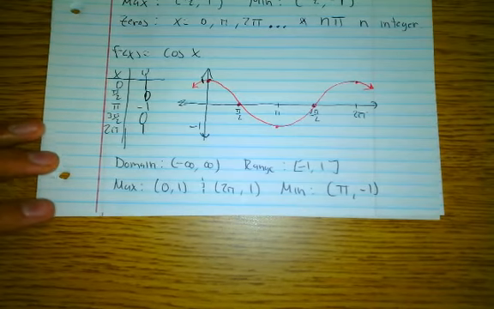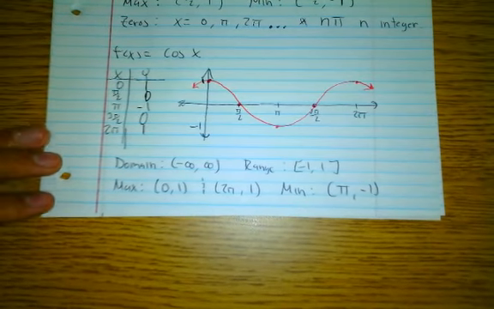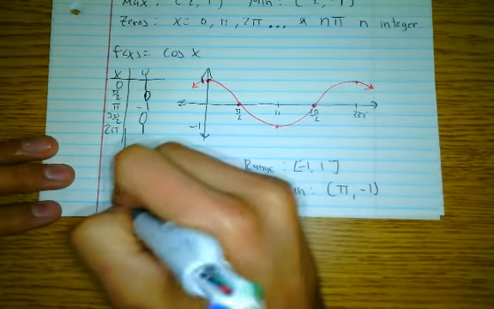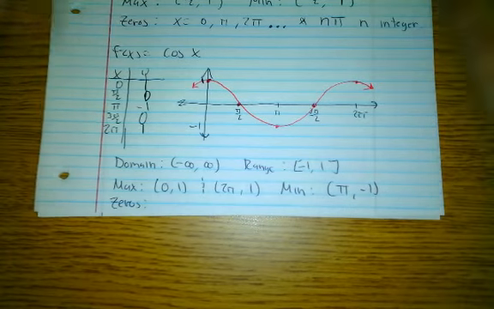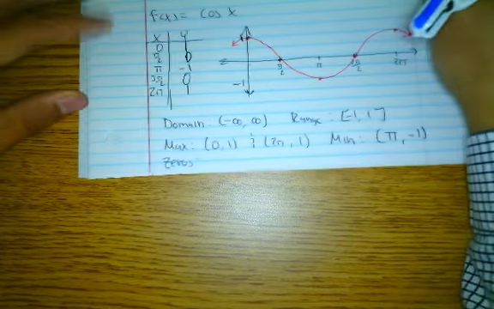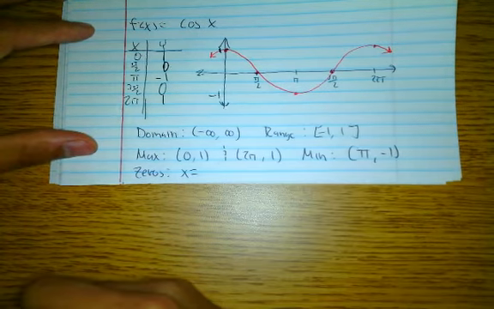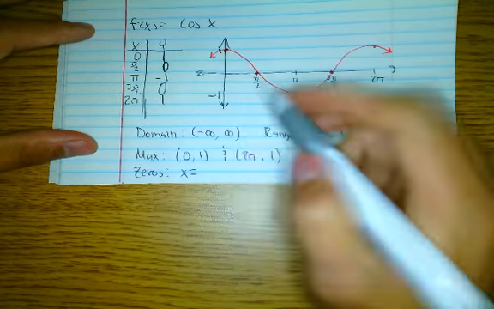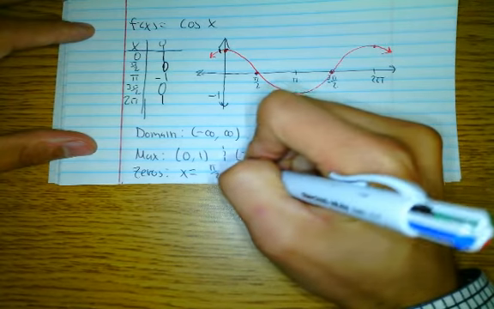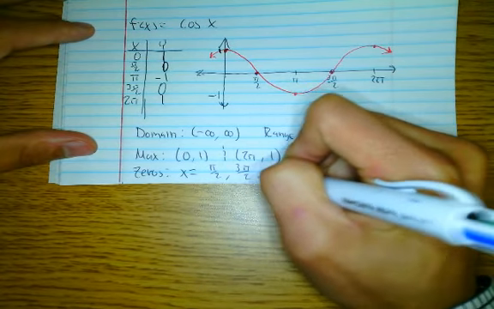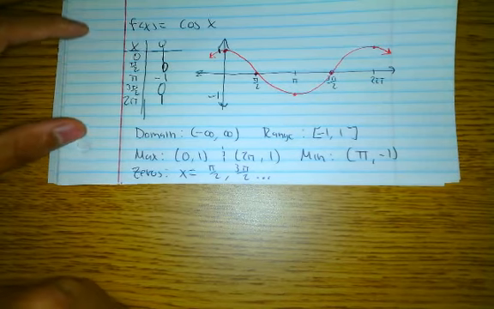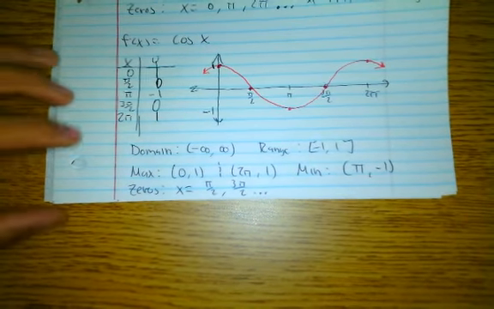Lastly, let's talk about the zeros of that function. Sorry. Where would you say the zeros are located? At x equals what? Pi over 2, 3 pi over 2, continuation. Agreed? Can anyone take an educated guess of where the next zero would be at?